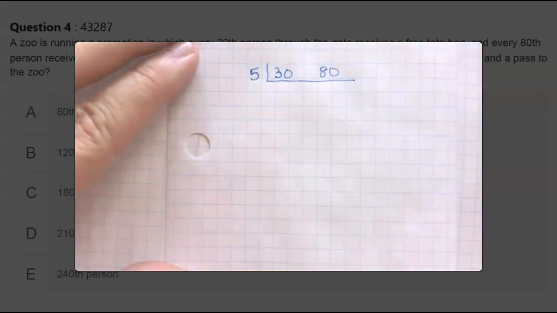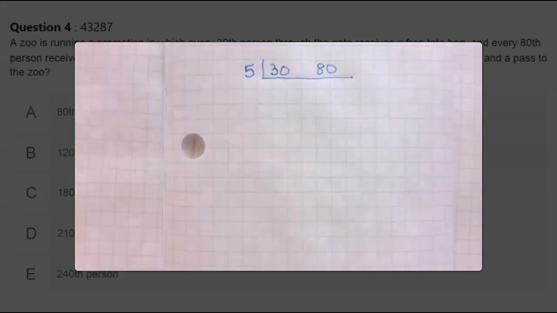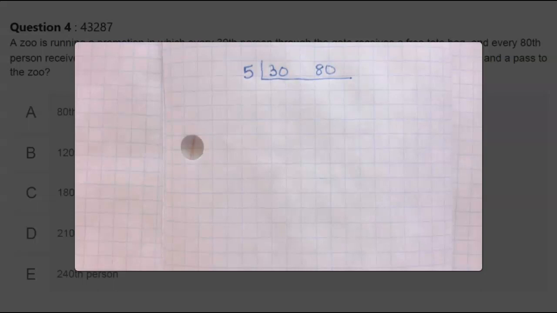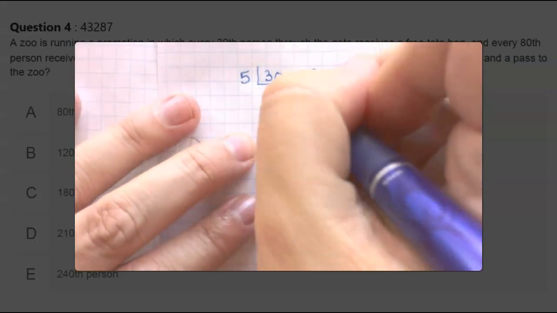So I'm going to find the LCM of 30 and 80. I'm going to pull out a 5 because when I see zeros, I'm like, oh, 5. So 30 divided by 5 is 6, and 80 divided by 5 is 16.